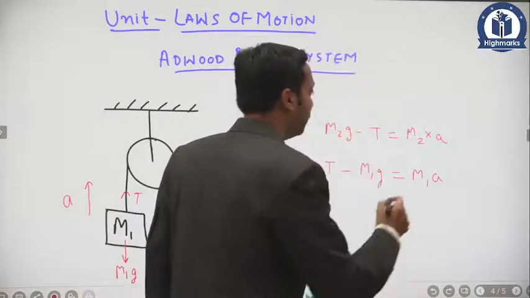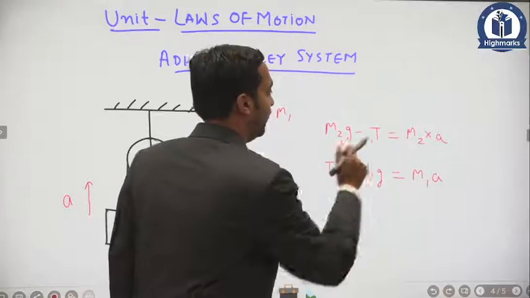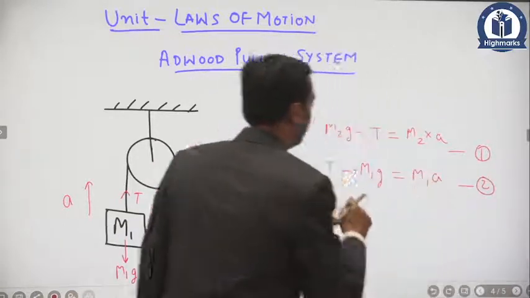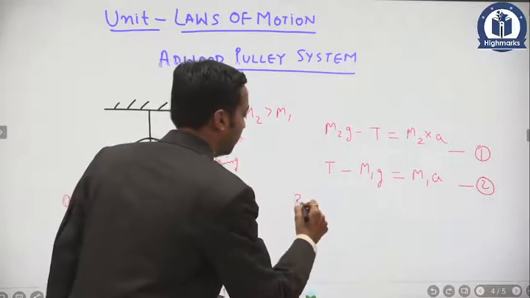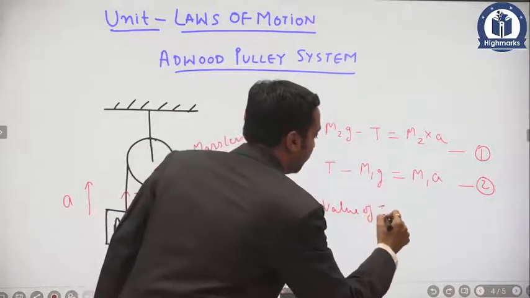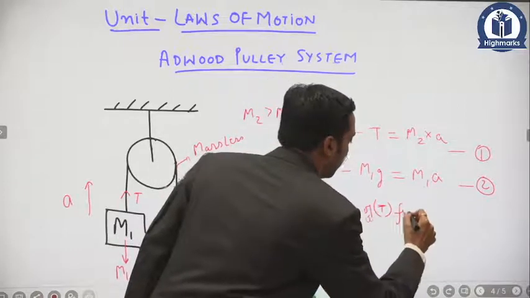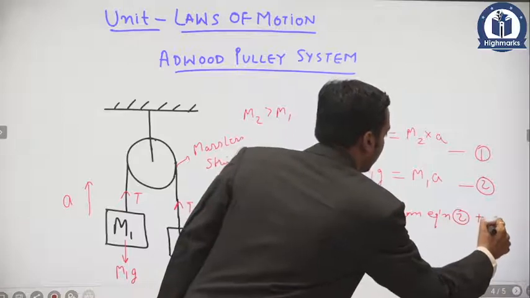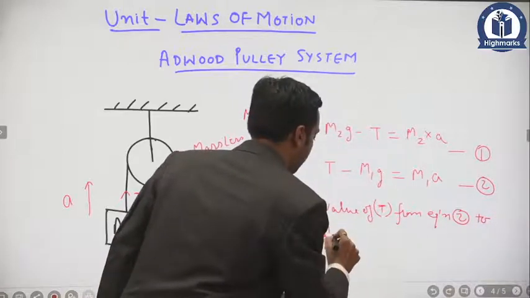So what I will do, I will put the value of T in equation 1. Let's say this is my equation 1 and this is my equation 2. So we will put the value of T from equation 2 to equation 1.